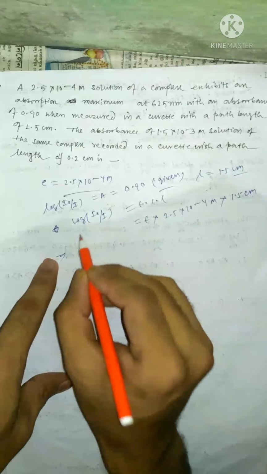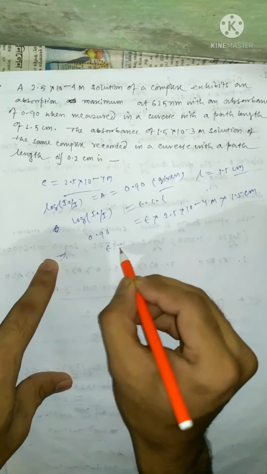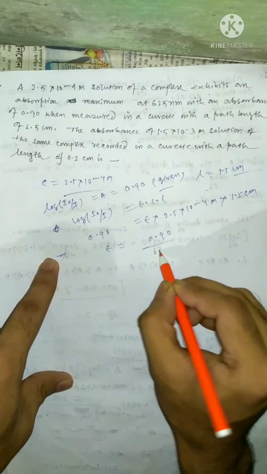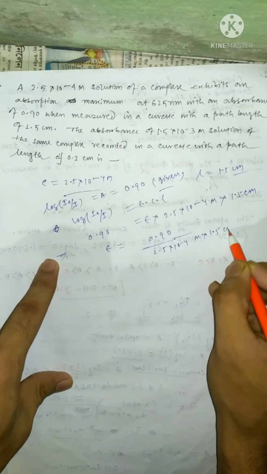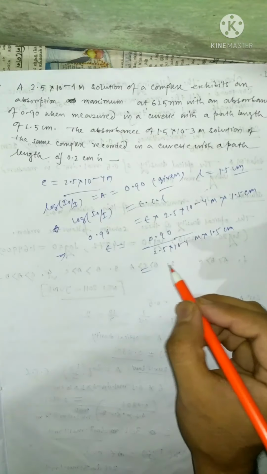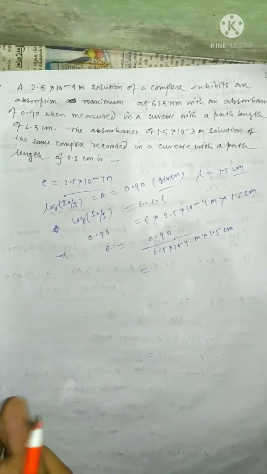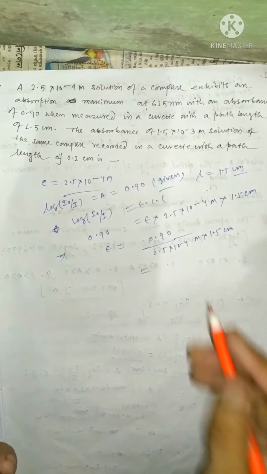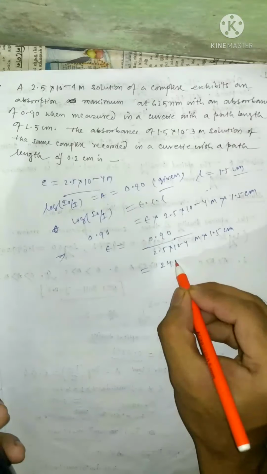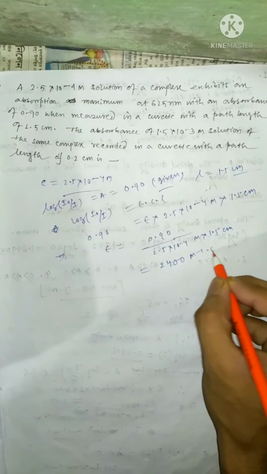So epsilon is 0.90 divided by 2.5 into 10 to the power minus 4 into 1.5, molar inverse centimeter inverse. Okay, so let's check it.